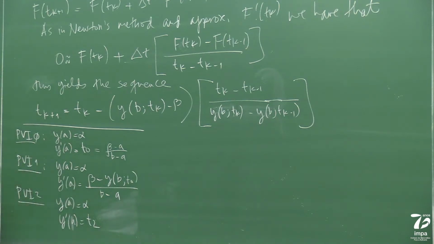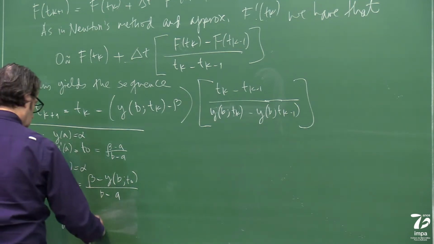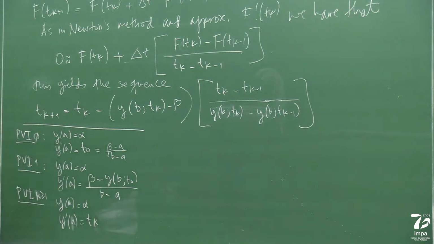Using, or let me put it here like this, this is how I put it in the notes, T_{k+1}, then here I start using the sequence. Okay, so this is the shooting method, and we're not doing any specific analysis and so on, right?